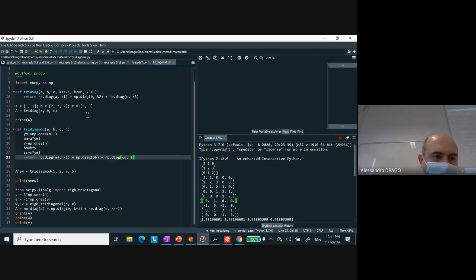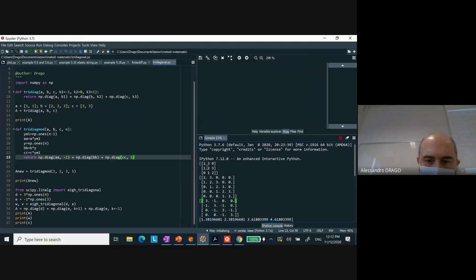So in this specific case, what it is doing is to fill. So we have the 1, 1, which is entering. The A is 1, 1, and the 1, 1 has an offset -1.